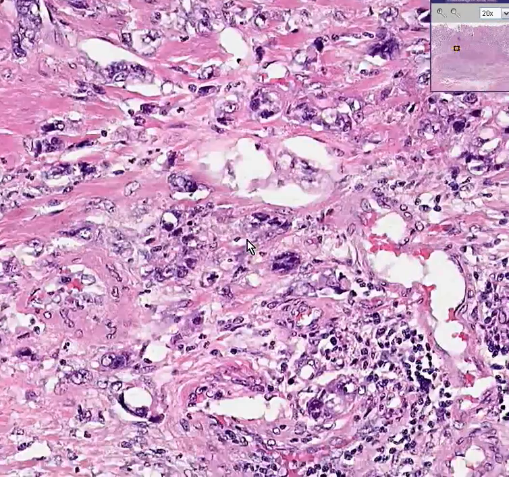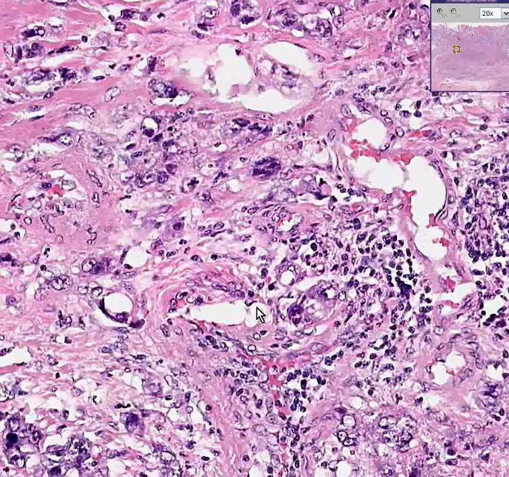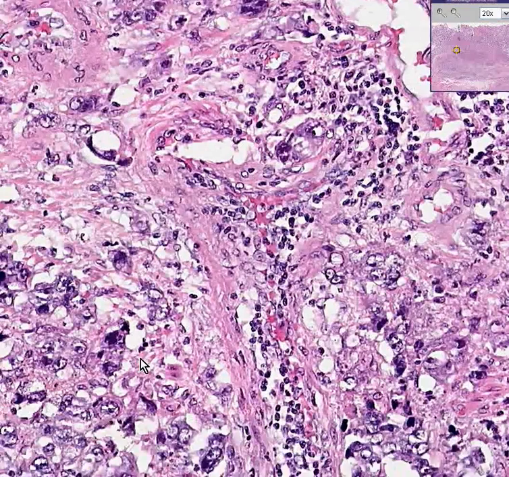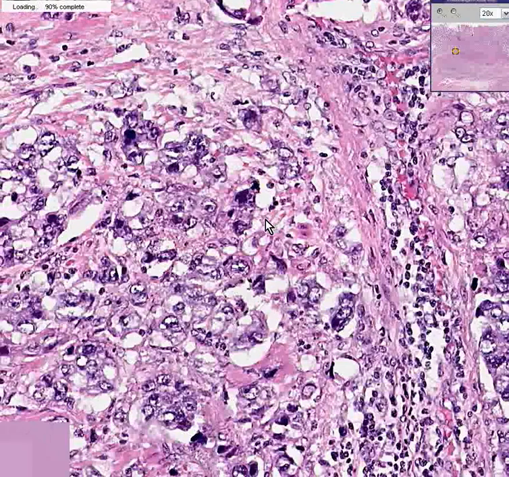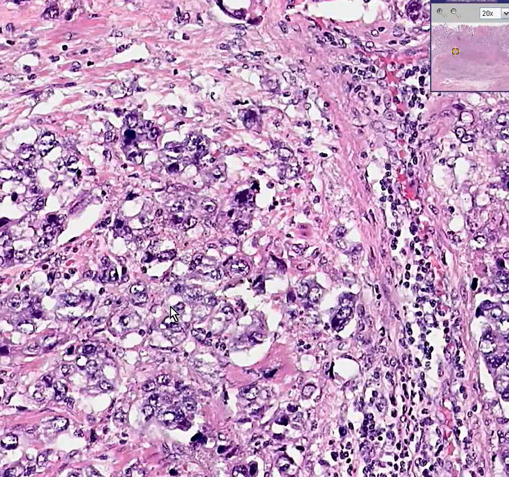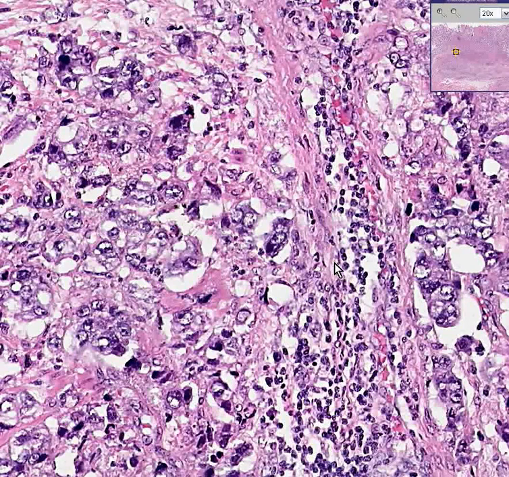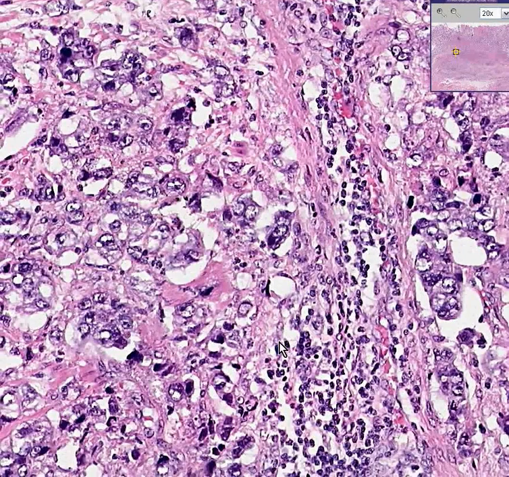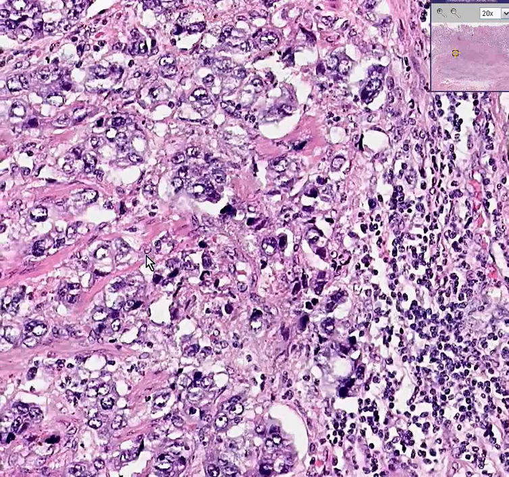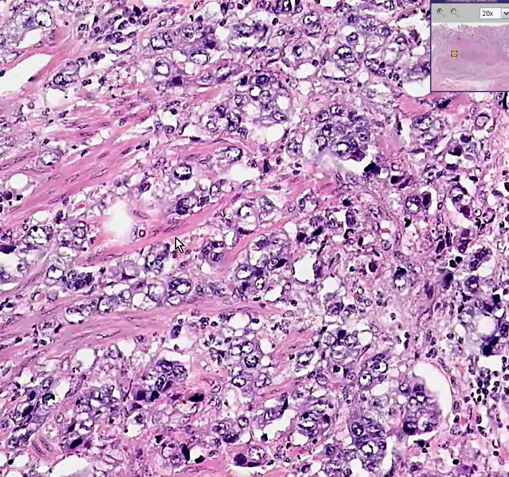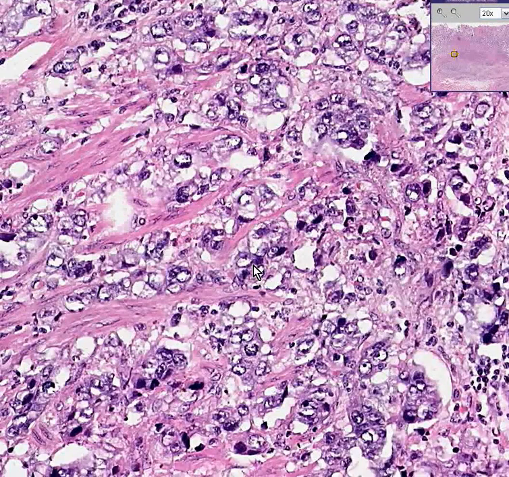You can see that basically this process goes on all the way through the wall, looking very much the same everywhere. Malignant glandular cells associated with some scattering of inflammatory cells like you see out here, haphazardly infiltrating these little smooth muscle bundles here and here and here.